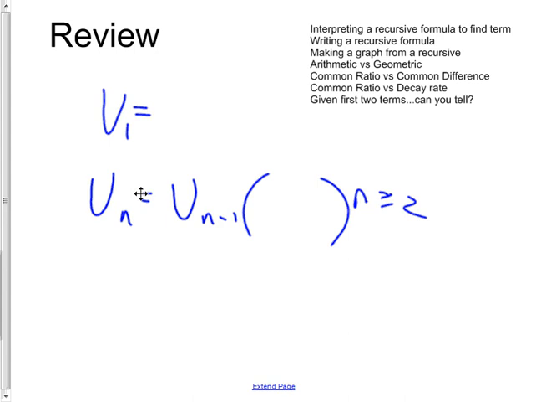Starting with -10. And this time it's not a growth rate, it's a decay rate, 5%. Then tell me the common ratio and the decay rate.